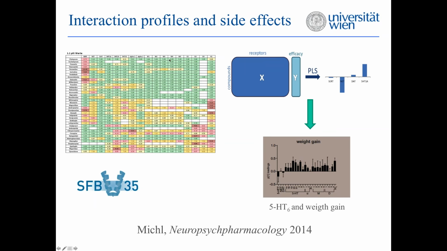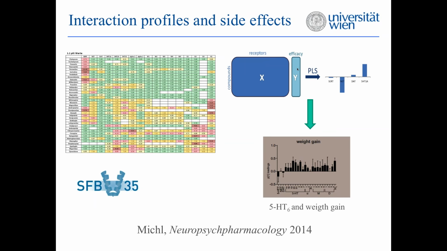What we did here, we extracted this matrix out of the literature, and then with OPLS correlated it with side effects extracted from clinical meta-studies. When you see a correlation with OPLS, so when you see there is somehow a link between this interaction matrix and a side effect... It did not work with efficacy, interestingly, but antidepressants, those who are in CNS, you know, it's quite complicated.